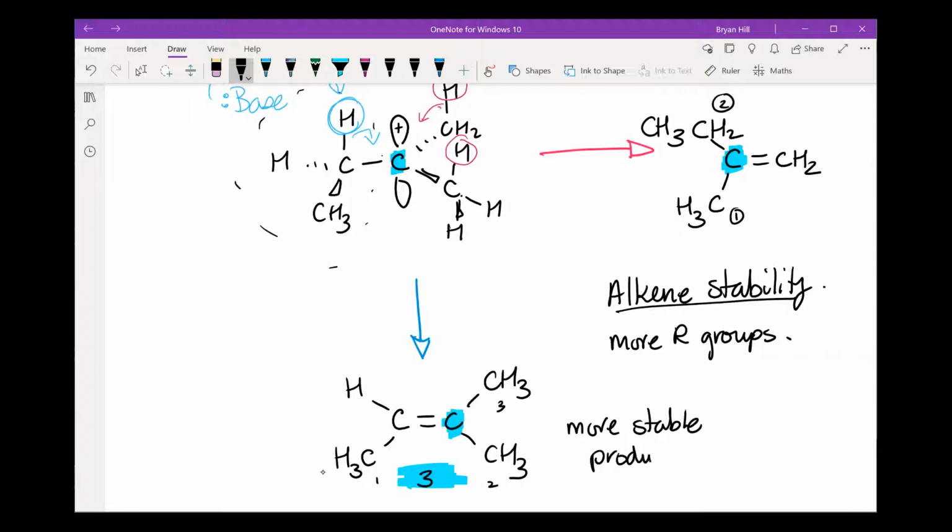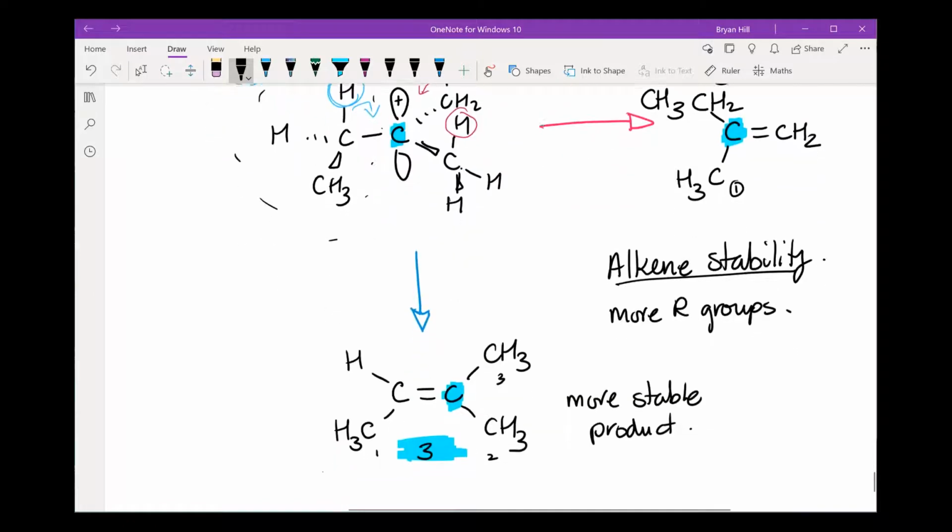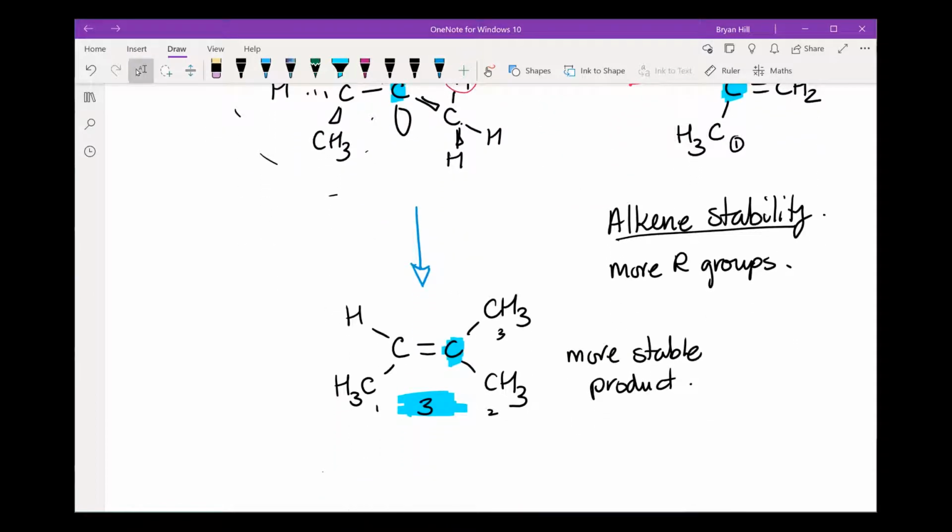And we're thinking thermodynamically more stable product, whereas the one over here on the right is less stable. So with E1 eliminations, they tend to favor the more stable one. So this would be the major product down here on the right.